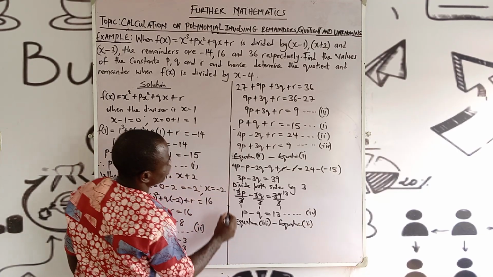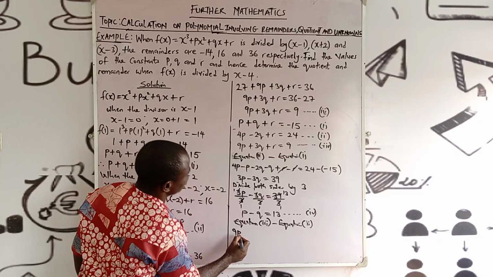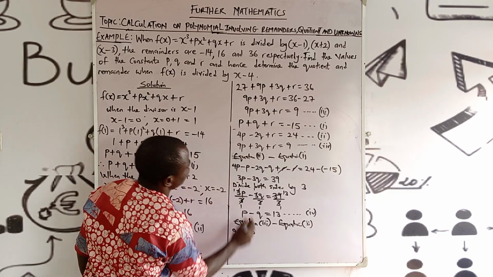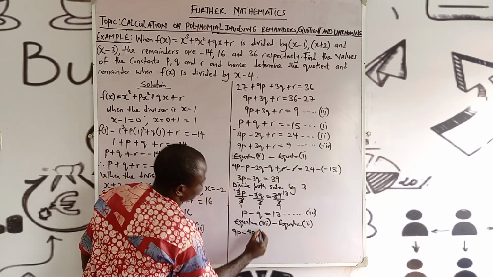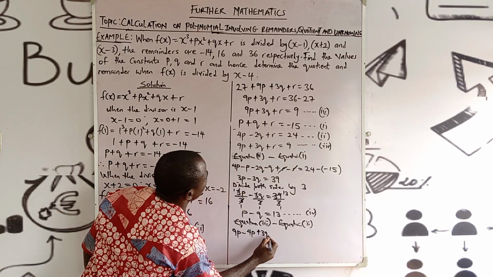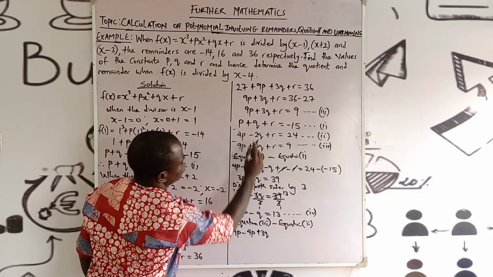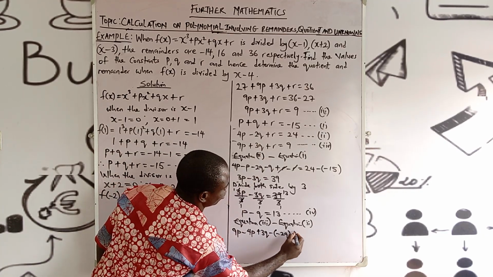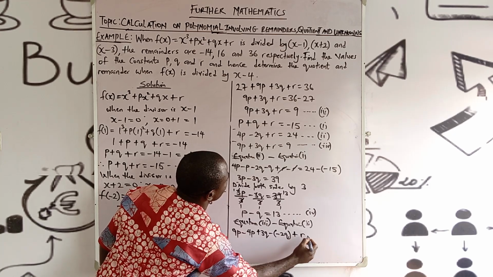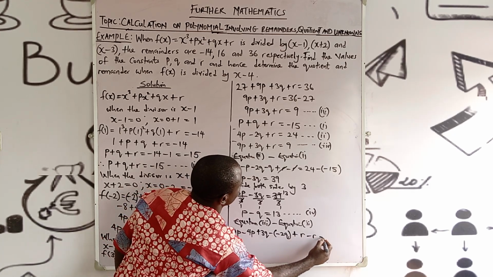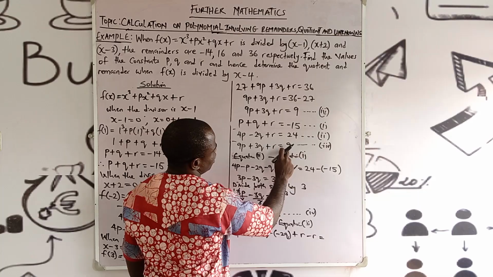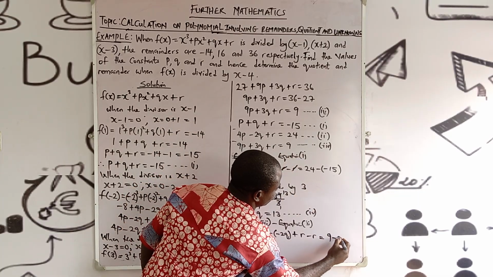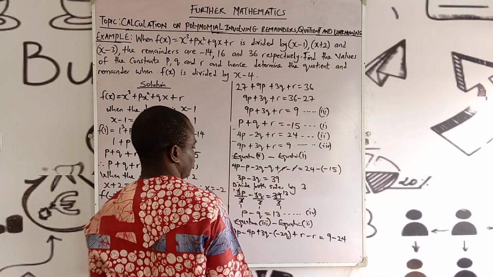When you do that, you have 9p minus 4p plus 3q minus 2q plus r minus r equals 9 minus 24.